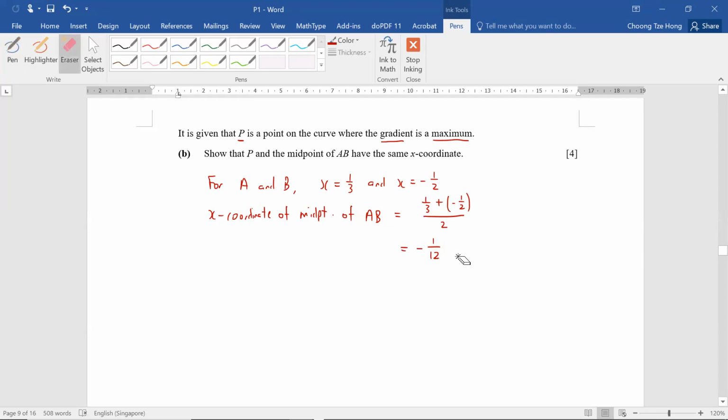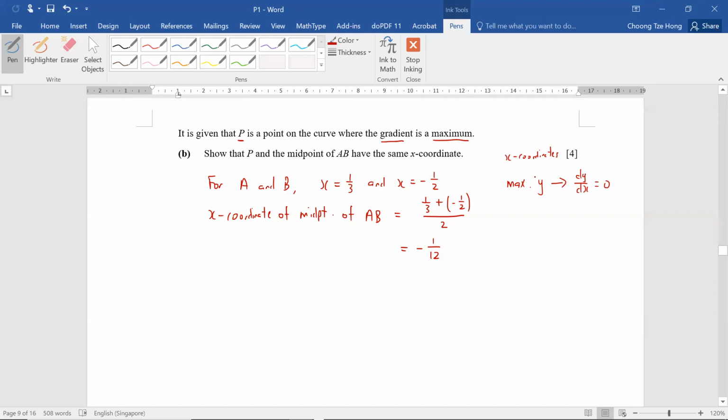Now we need to show that the x coordinate of P is also equal to negative 1/12. Okay, so that's where we need to think a bit. When we want to find the x coordinate when y is maximum, we set dy/dx equals 0.